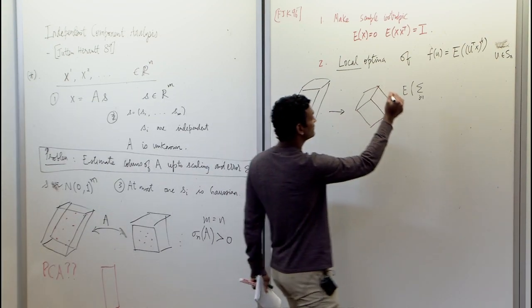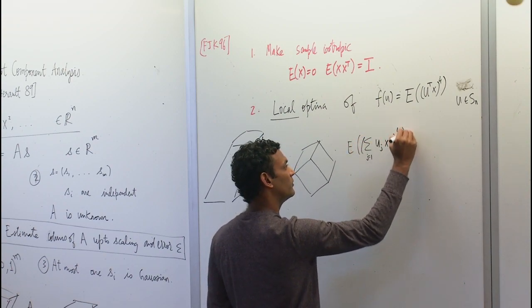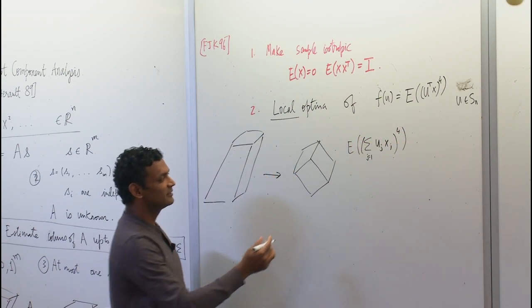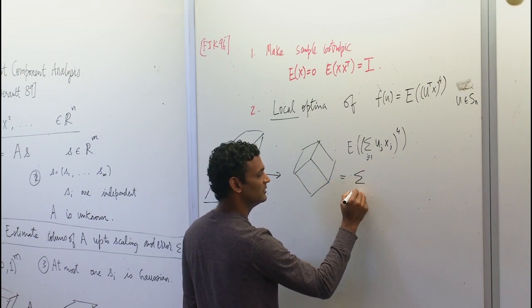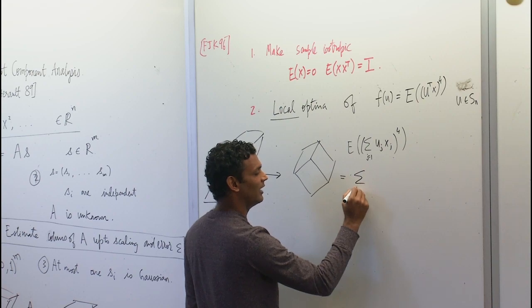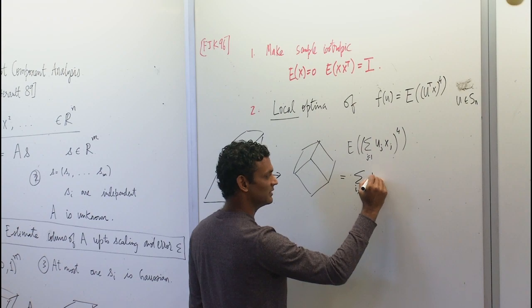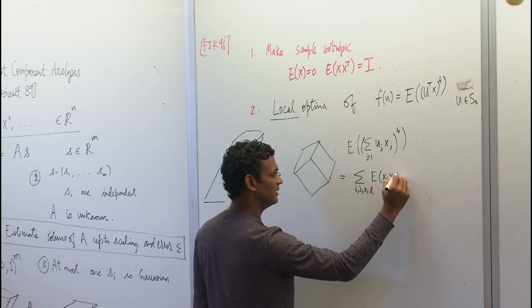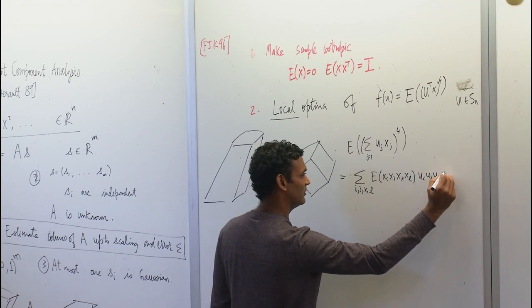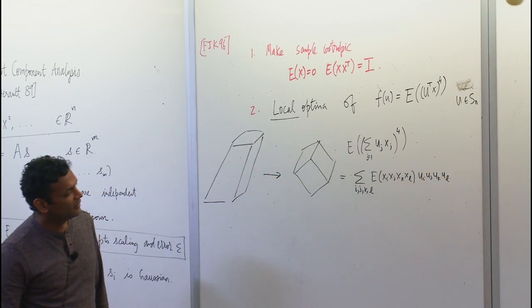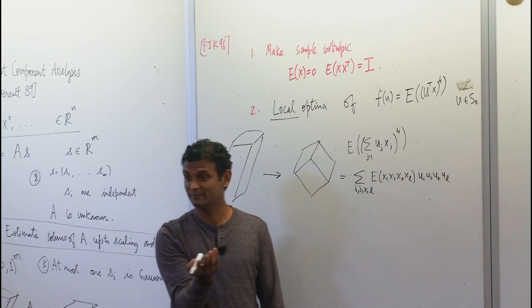So what is this function? It's the expectation of the summation of u_j x_j to the 4. There are going to be 4 terms, so maybe I call the indices i, j, k, l. Then there's the expectation of x_i x_j x_k x_l times u_i u_j u_k u_l. Now, this will be 0 unless the powers of x are even.